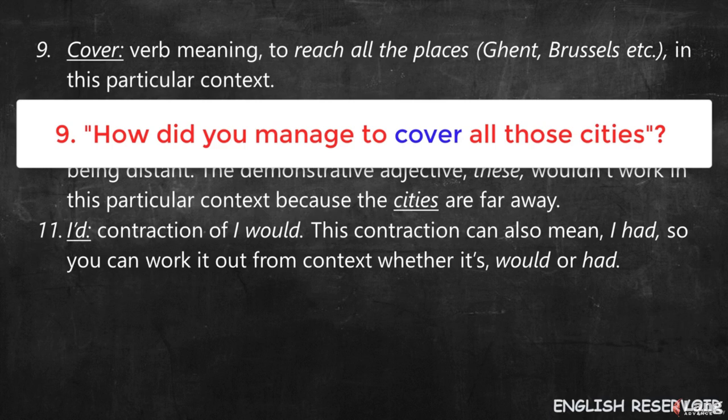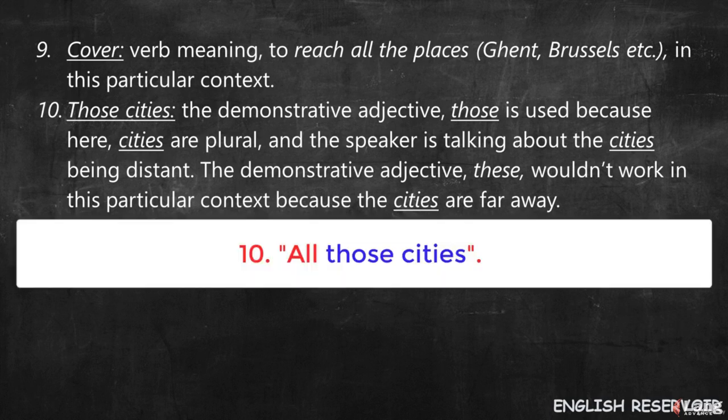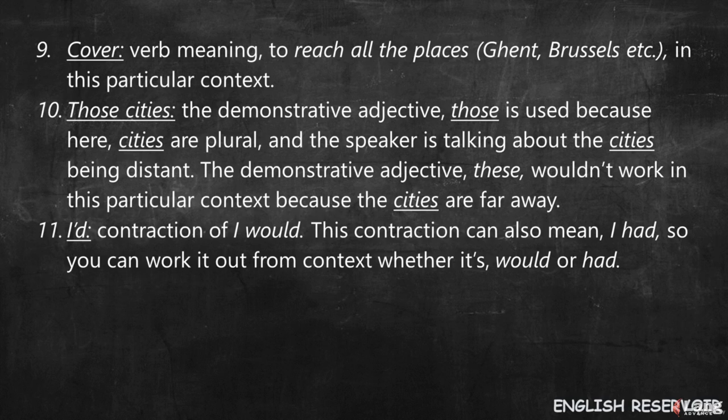Verb meaning to reach all the places. Ghent, Brussels, etc. in this particular context. 10. Those cities. The demonstrative adjective, those, is used because here cities are plural, and the speaker is talking about the cities being distant. The demonstrative adjective, these, wouldn't work in this particular context because the cities are far away.